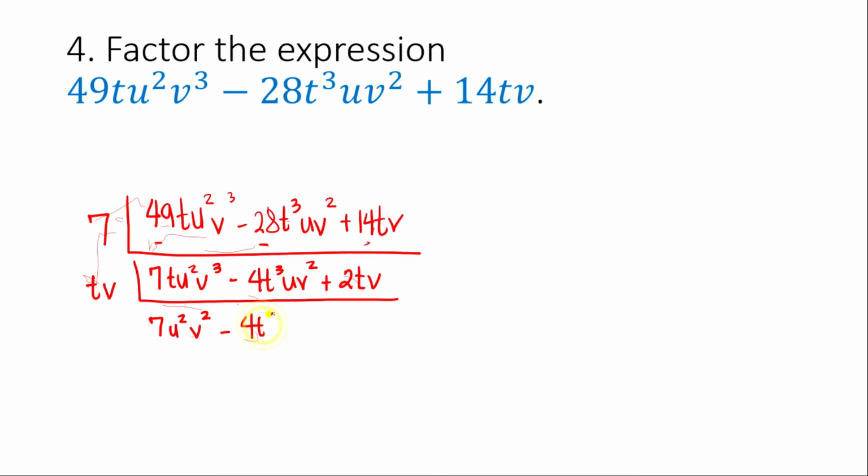So, magiging t squared na lang siya. And then, u is still the same. V squared, natanggalan ng isa. So, v na lang. Plus, we factored out tv. So, tanggal yung tv dito sa pangatlong term. So, it's just 2. Our greatest common monomial factor is 7tv.